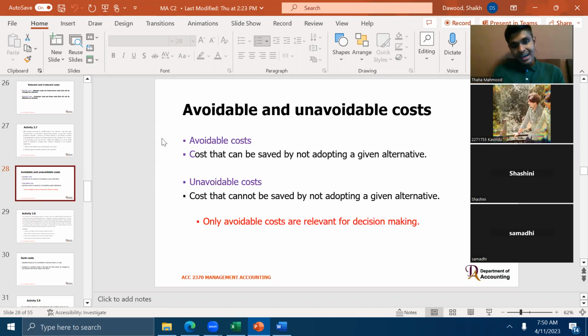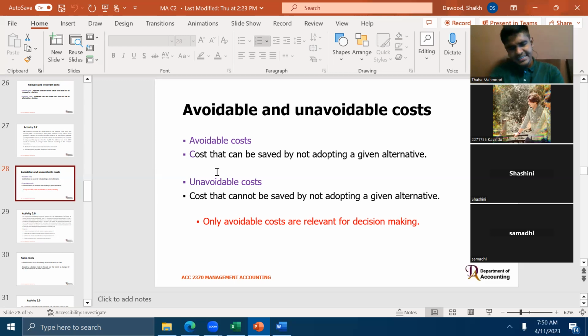Unavoidable costs, most of the time, would arise from contractual or legal instances, legal rights. Now let's say we have rented a certain building and entered into a contract that we will pay rent for 3 years.